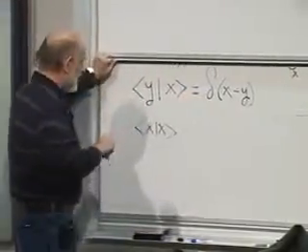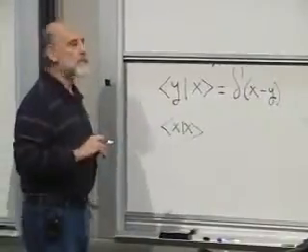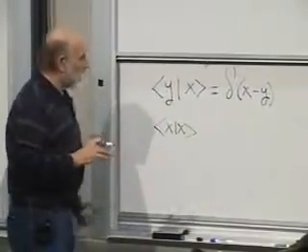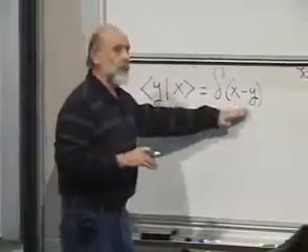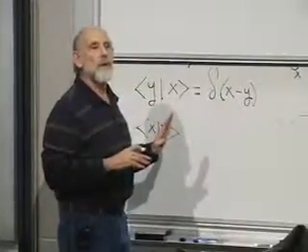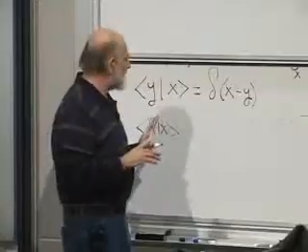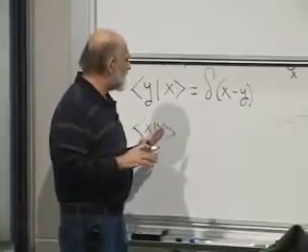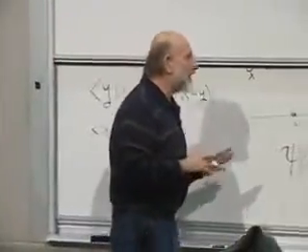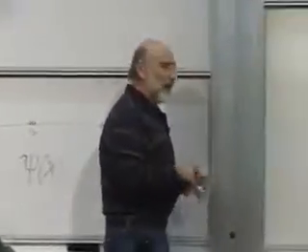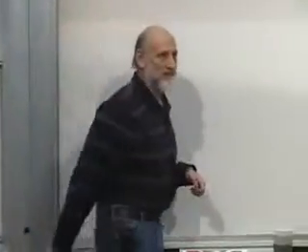No, but the thing on the right side is 1 if x... It's not 1. It's infinite if x equals y. How can you have an inner product that's... By the vectors themselves having an infinite length. By the vectors having an infinite length.